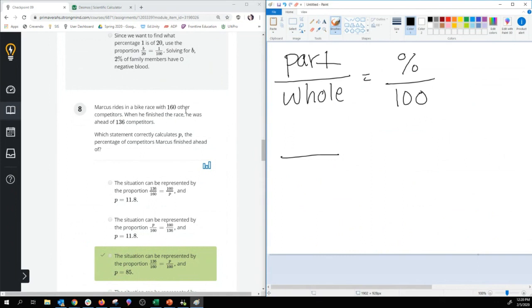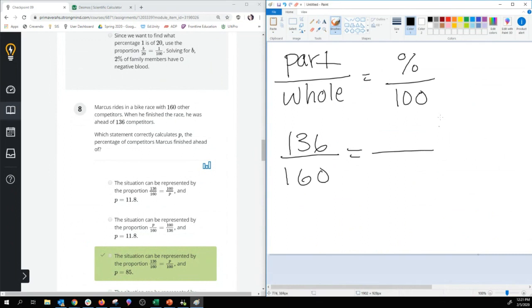So Marcus is in a bike race with 160 competitors, and he was ahead of 136 of those 160. So what would be my first ratio? I'd have what number over what number? 136 over 160, perfect.